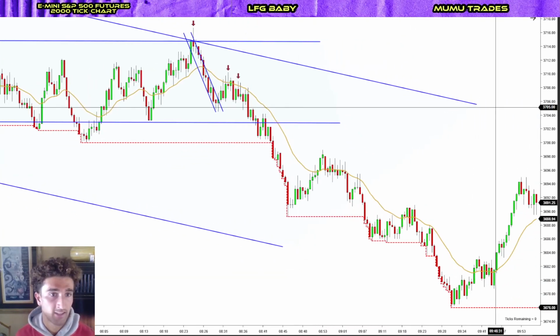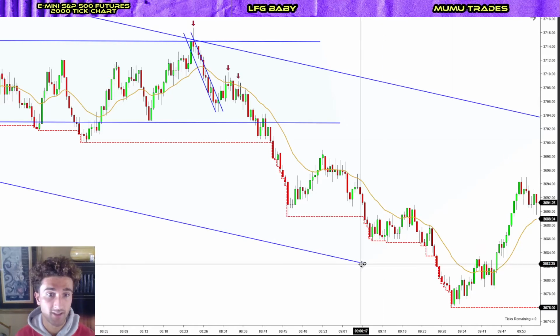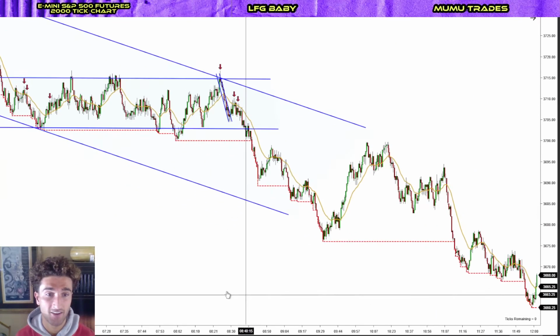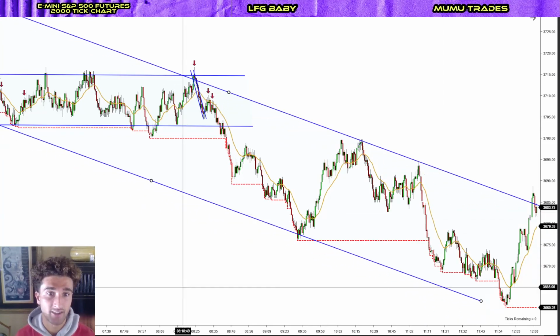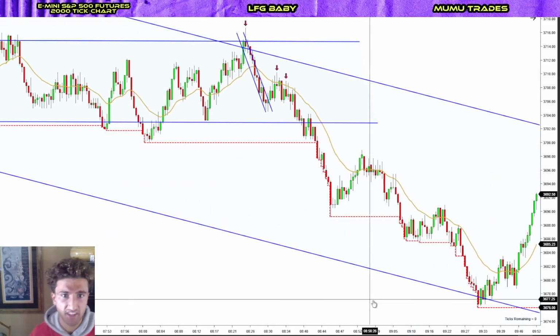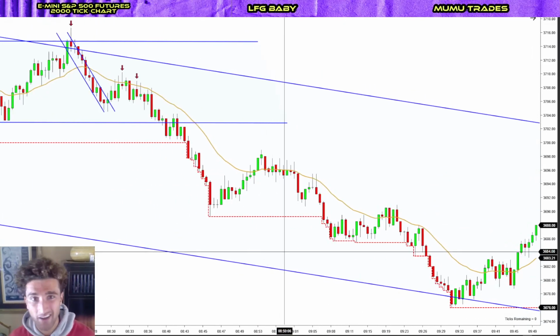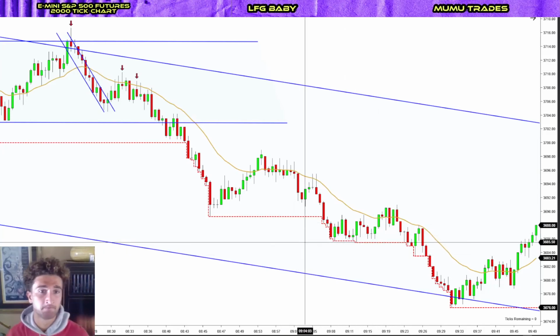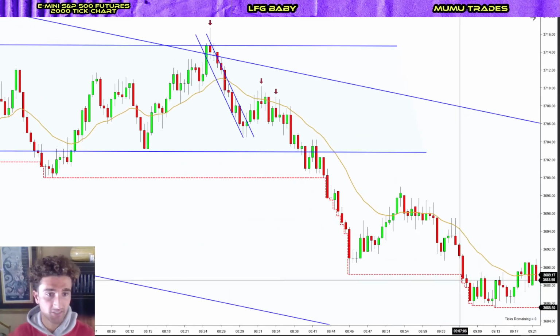But this is a very, very bearish day, so you just want to take advantage as much as you can on the moves. Even though there was a lot of volatility, I feel like it was pretty tough to get a runner today just because it was a lot of sideways followed by a lot of down, followed by a lot of sideways. But we can see that, yeah, these prices want to keep going lower.